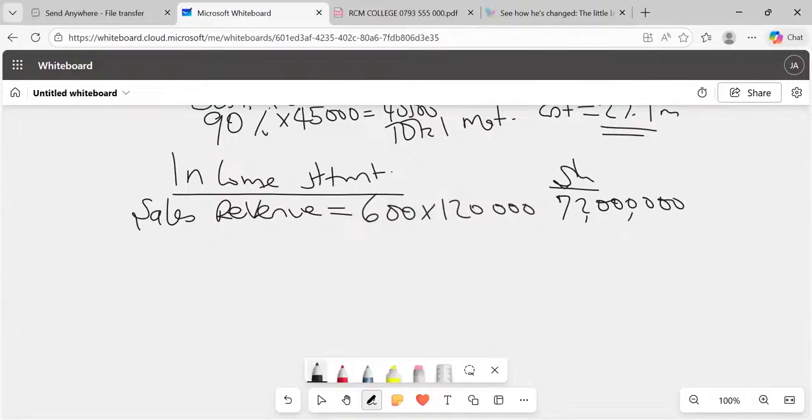And then we say less costs. We begin with which cost there? Material cost. Fortunately, you had given me a figure, 27 million.